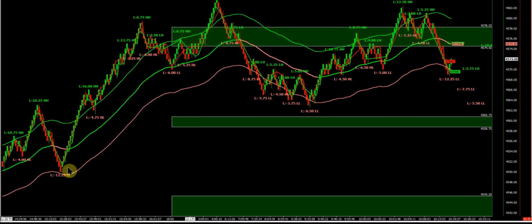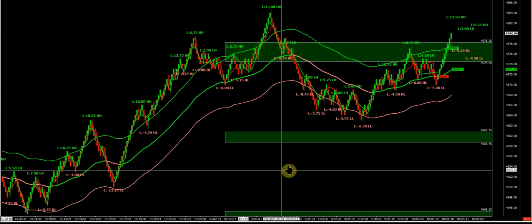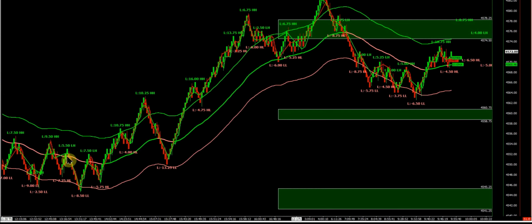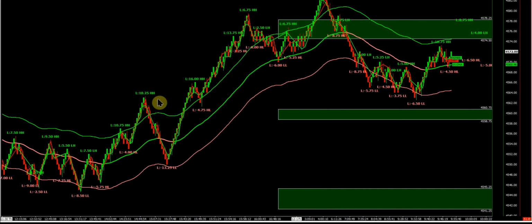Now, here's a thing you can try. This is all flat. If you go back, you notice how this is all flat, then all of a sudden it turns up. Now we get this nice big long move down to the downside and then it bounces right back up to the beginning, right there. Now what happens?